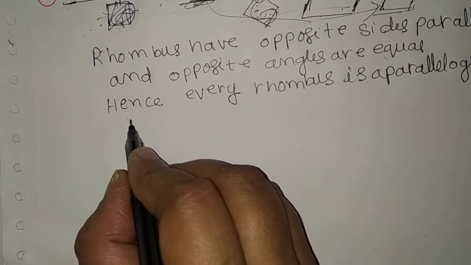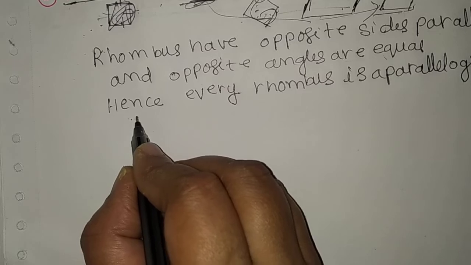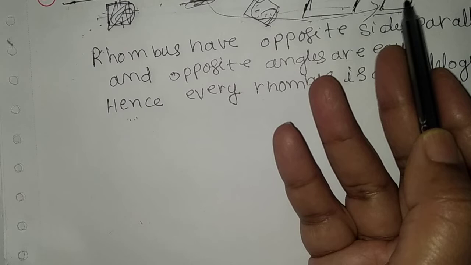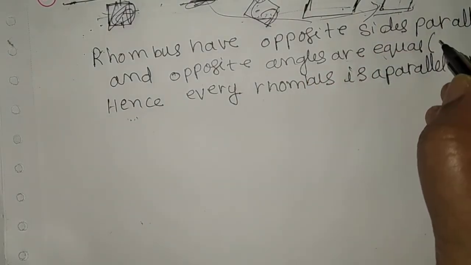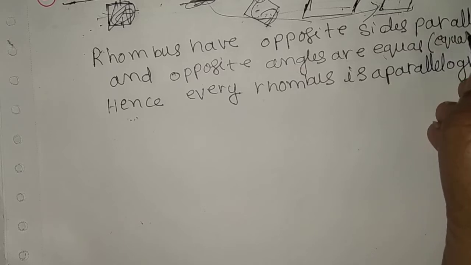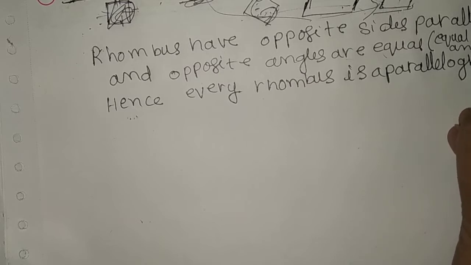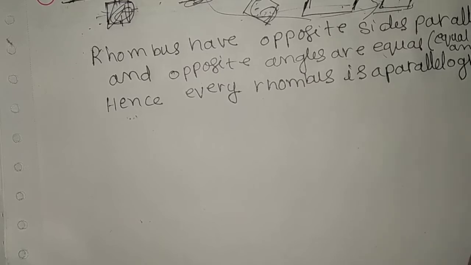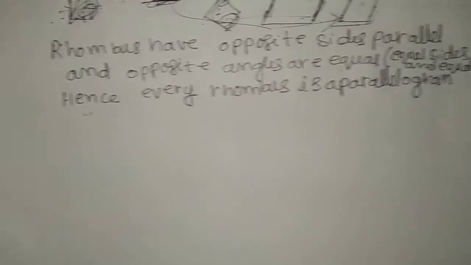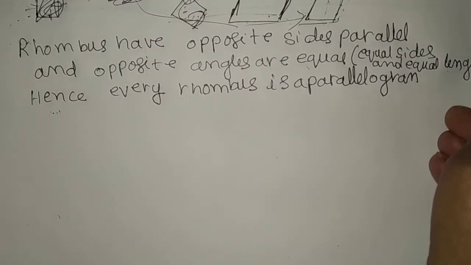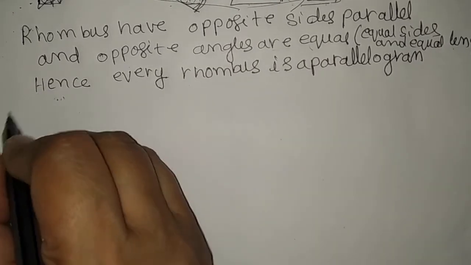Now we move on to the parallelogram. In the rhombus, equal sides and equal length also. So equal sides and equal length. Now the parallelogram, what happens?